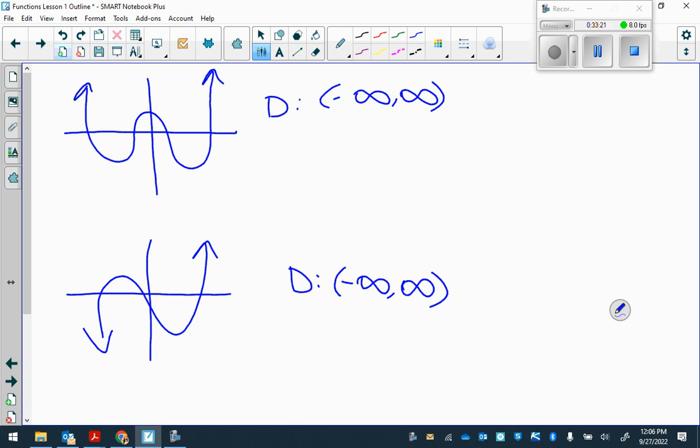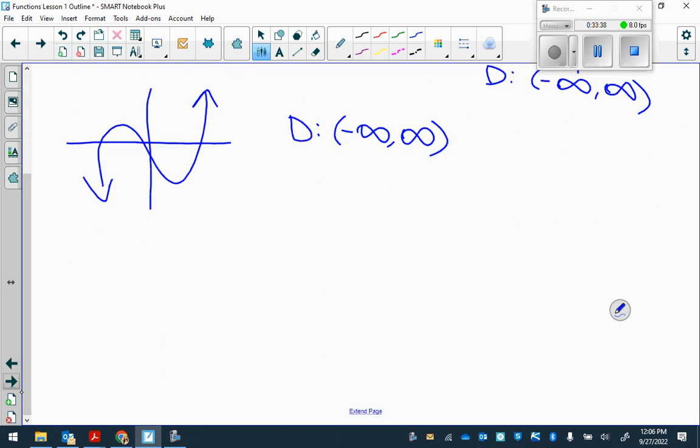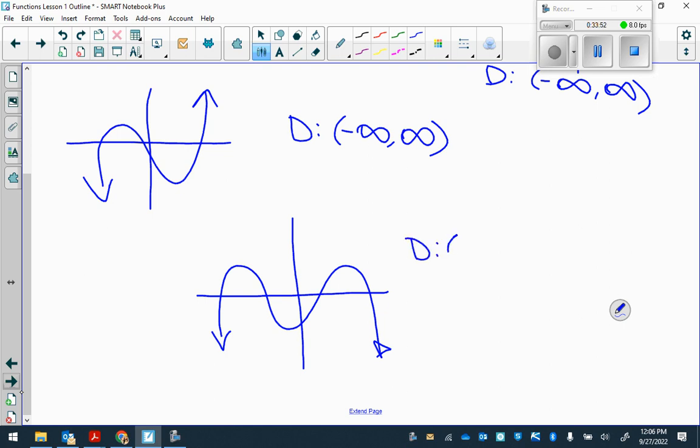Okay, if I have another graph like this, what would my domain be? Okay, if I have a graph like this, negative infinity to infinity.